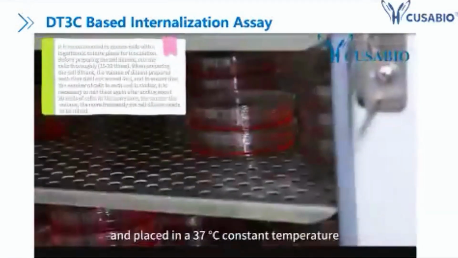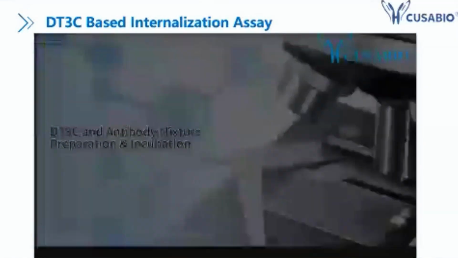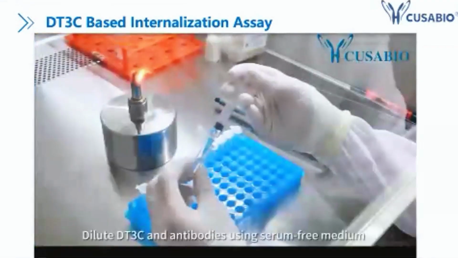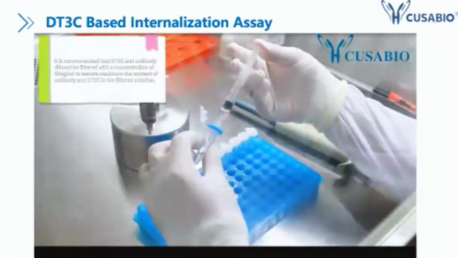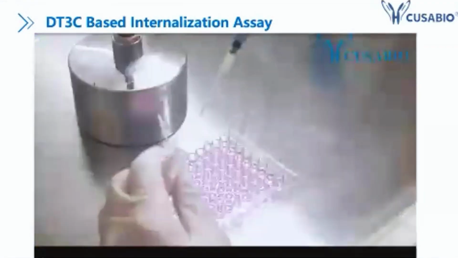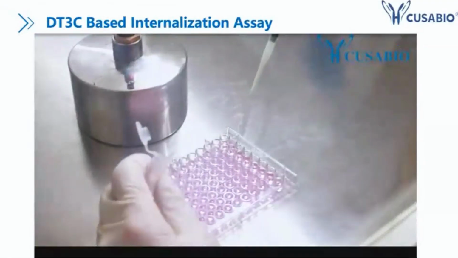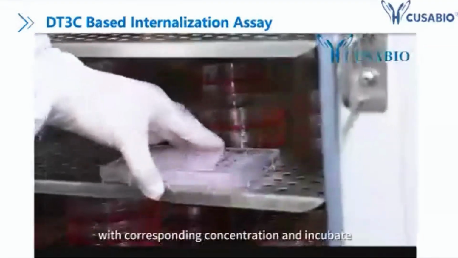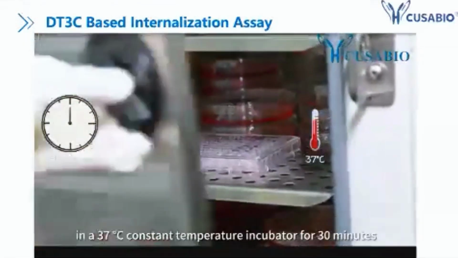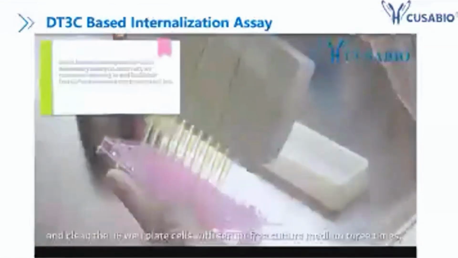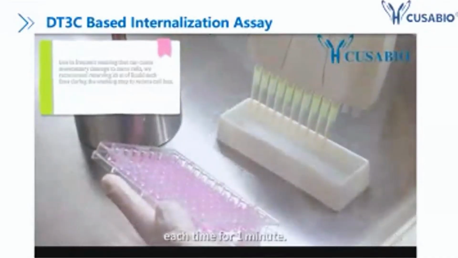Then we put them back into the incubator for overnight culture. The next step is the preparation of the conjugate between the DT3C and the antibody. After we have the mixture, there is the 30-minute incubation that I mentioned before. After the 30-minute incubation, the conjugate will form.